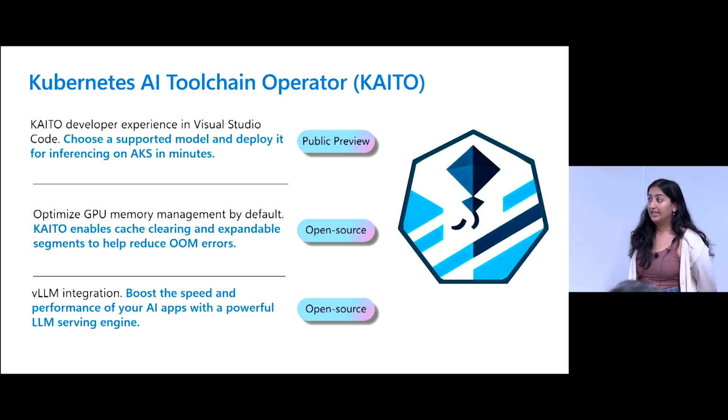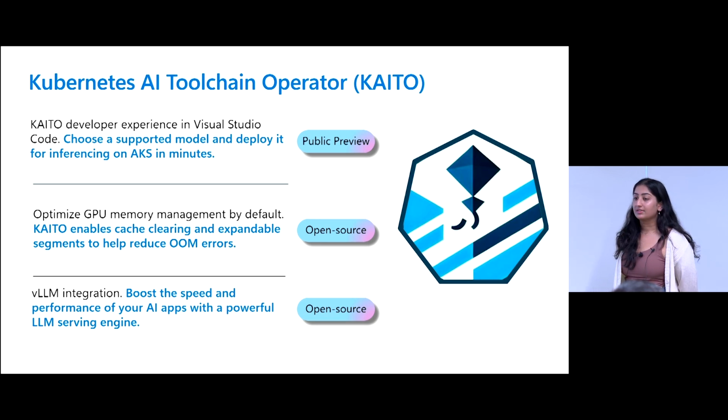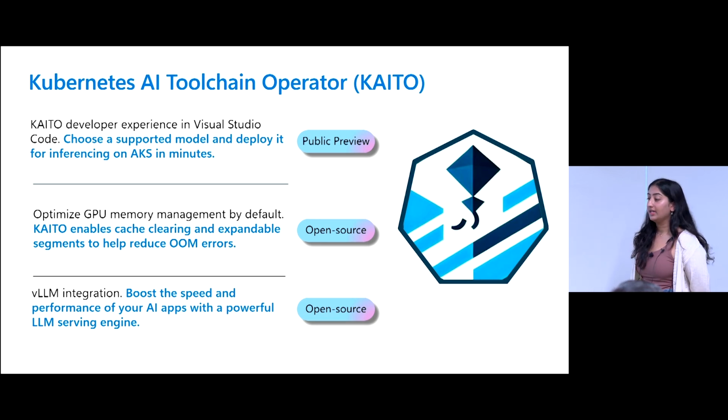For some open source updates on the project, we optimize GPU memory management by default. Kaito enables certain optimizations from the hardware level, enabling cache clearing and expandable segments to help reduce out-of-memory errors.